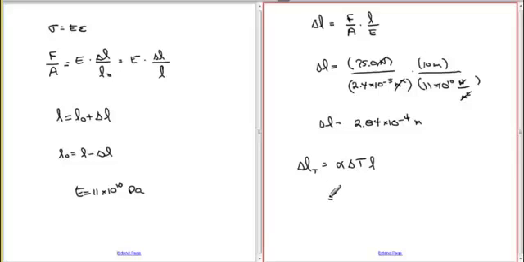So the temperature change doesn't matter. It's a temperature change in Kelvin, and C is the same. So we look for the linear coefficient of thermal expansion. Linear.